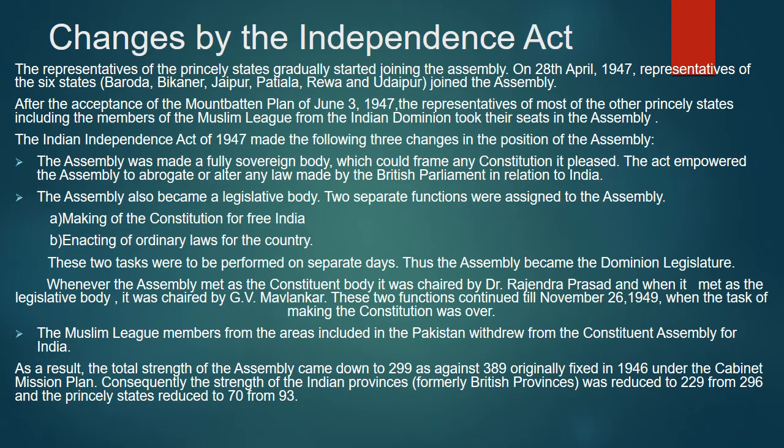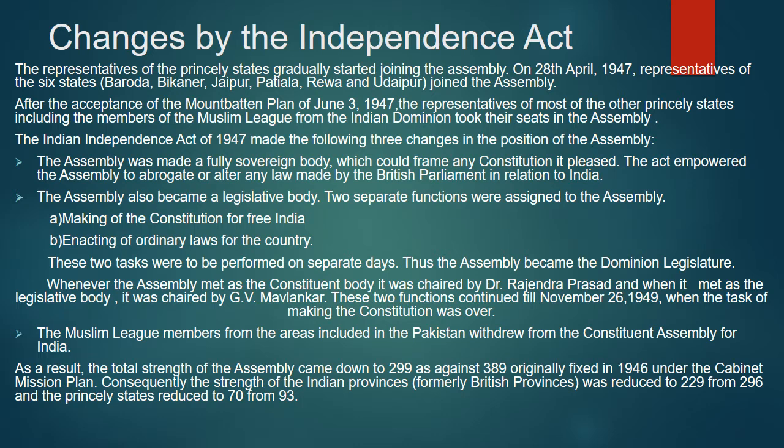After the acceptance of the Mountbatten Plan on June 3, 1947, the representatives of most of the other princely states and also some states from the area distributed to the Muslim League also started joining the Indian Constituent Assembly.